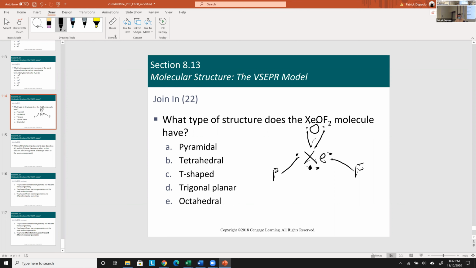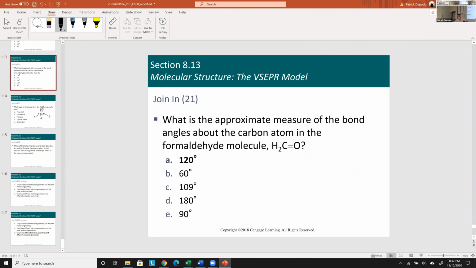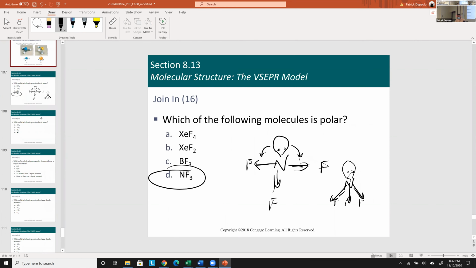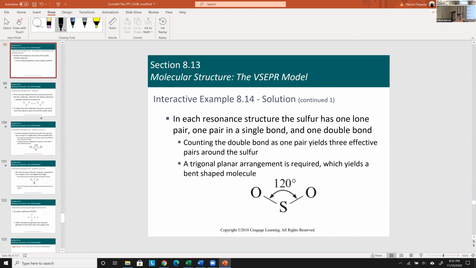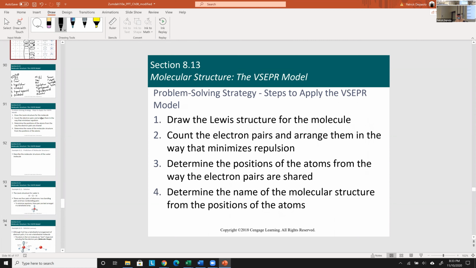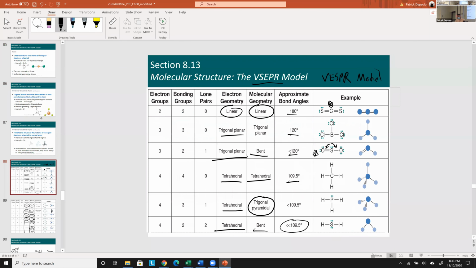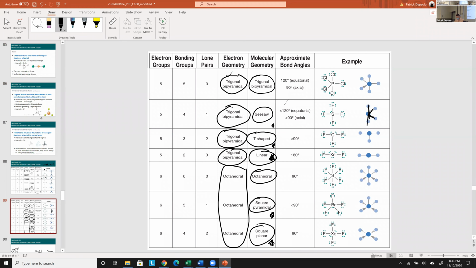So let's go back to our chart. You have 3 things bound to it and 2 lone pairs.